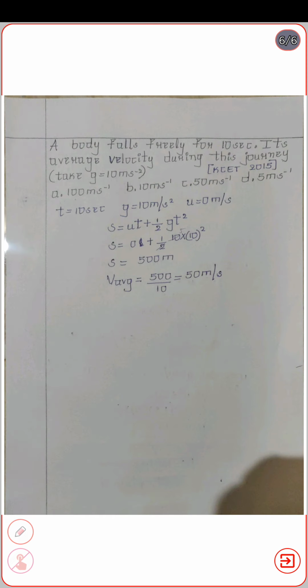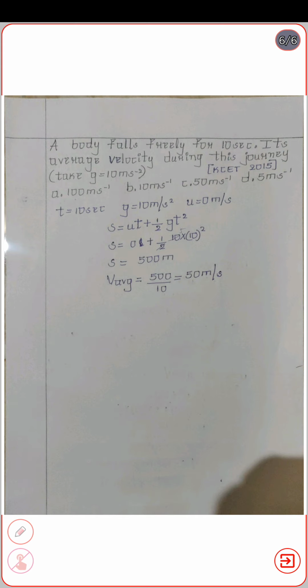The next question is also related to the equations of motion. Here the question is, a body falls freely for 10 seconds. Its average velocity during this journey is, and they have given g equals 10 meter per second square. This is the question from KCET 2015.